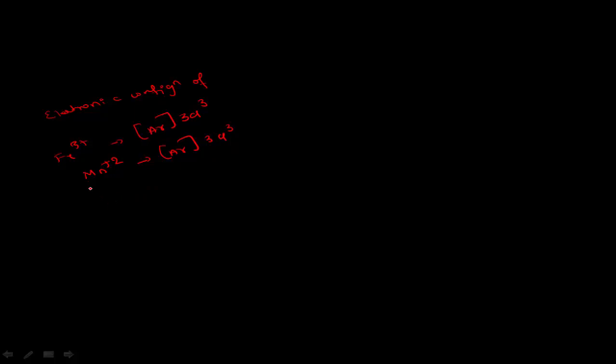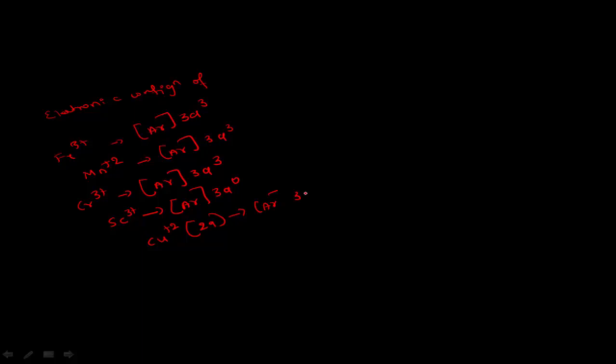Next, Cr3 plus: chromium's atomic number is 24, its electronic configuration is argon 3d3. Next, scandium 3 plus: scandium's atomic number is 21, therefore its electronic configuration is argon 3d0. Next, Cu2 plus: copper atomic number 29, its electronic configuration is argon 3d9.